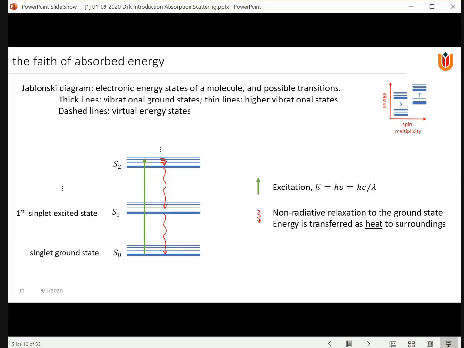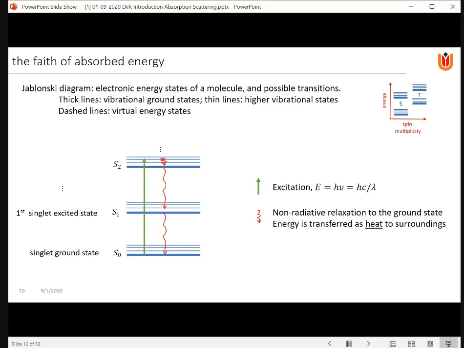Okay, good. So what it basically shows you is a depiction of the energy states of a molecule and the possible transitions that can occur between these energy states.